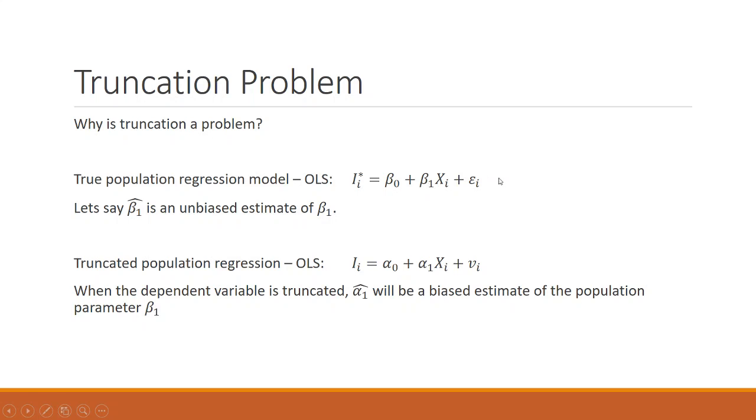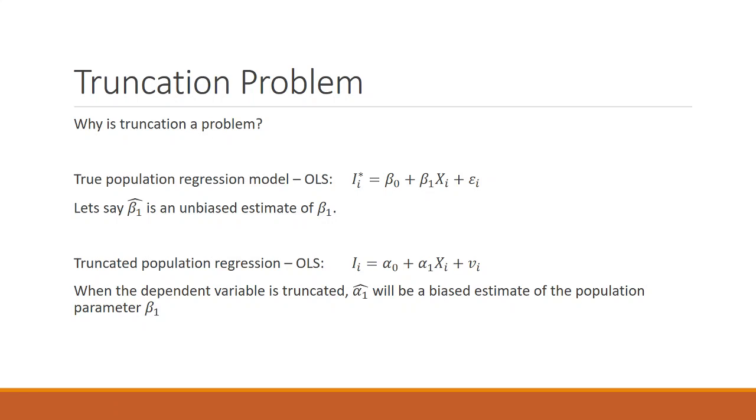In this example, I have just one independent variable, but there maybe are other independent variables. And so we want to know the true value of beta 1. We want to know the true relationship between income I star, the true income value, and the various independent variables, or in this case, independent variable x. So we want to know the true beta 1.